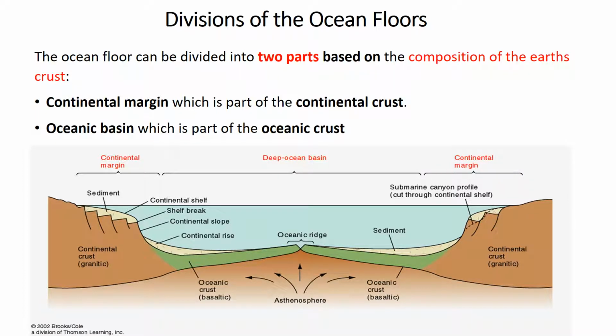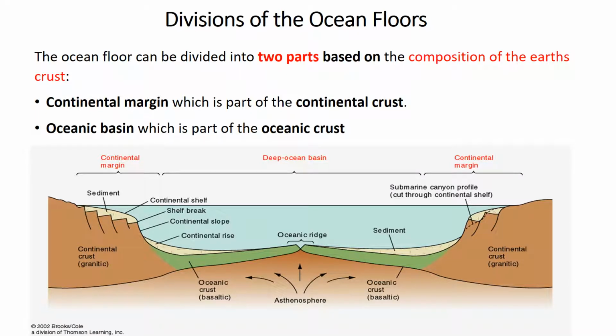After the continental margin, from here onwards, we have the oceanic crust. All the features which are formed on top of the oceanic crust we call the oceanic basin.